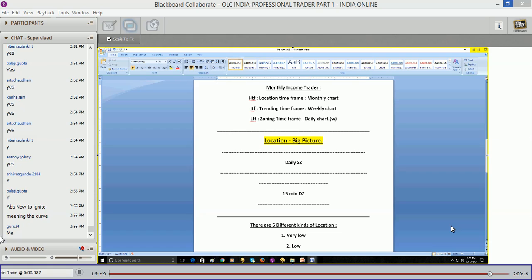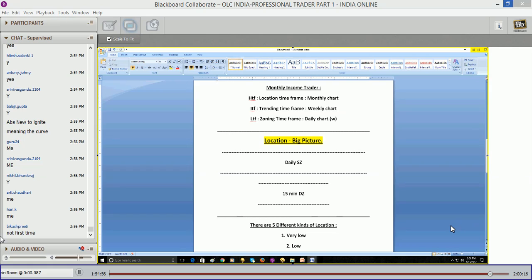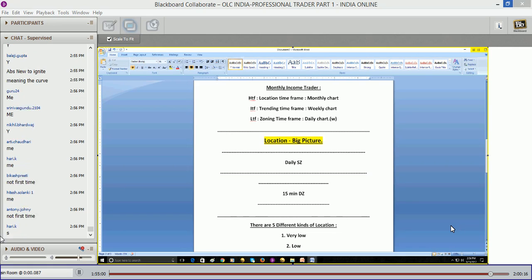I'm assuming then Anthony, Aarti, Vikas, Guru, Hari, Hitesh, Monica, Nikhil, and Srinivas, all of you have learned this before. Am I correct? Then let me make a disclaimer, guys.